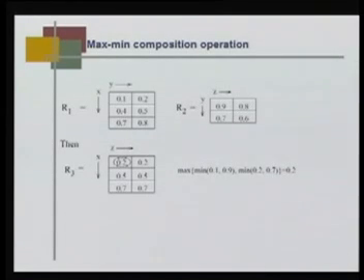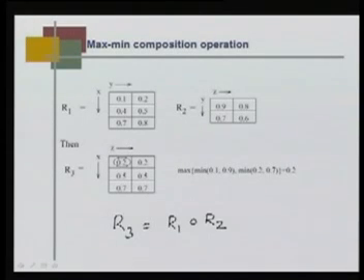So, this is my relational matrix R1 relating X and Y, and R2 relating Y and Z. Now I have to find the relational matrix from X to Z using the fuzzy rule of composition. We normally write R3 is R1 composition R2.